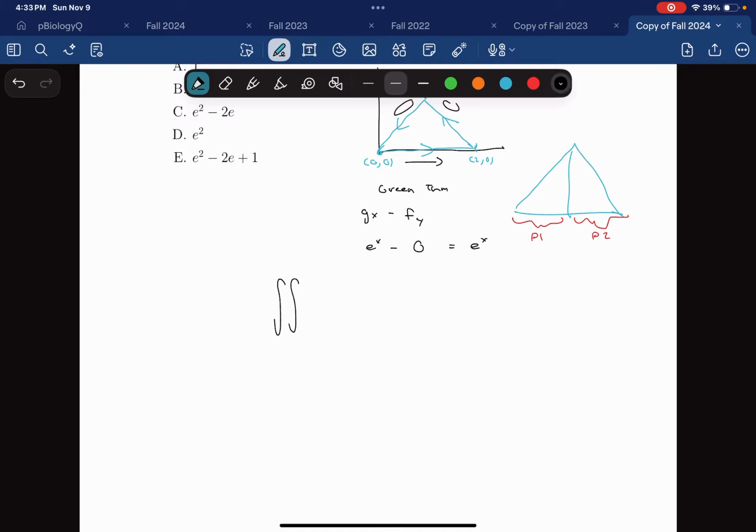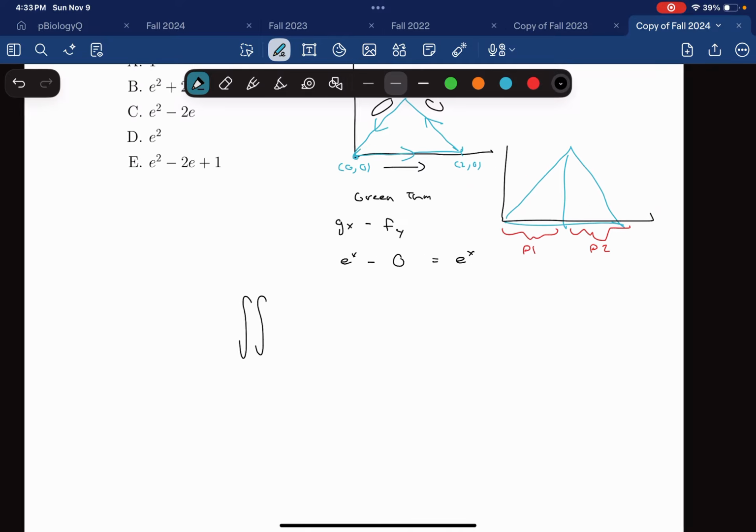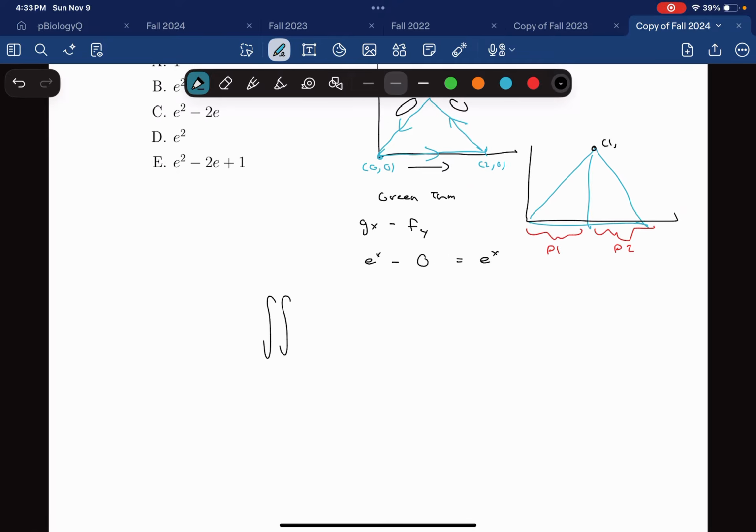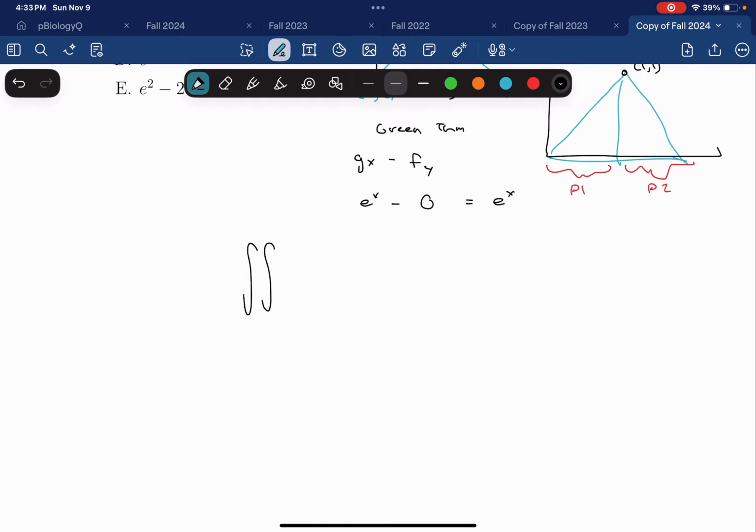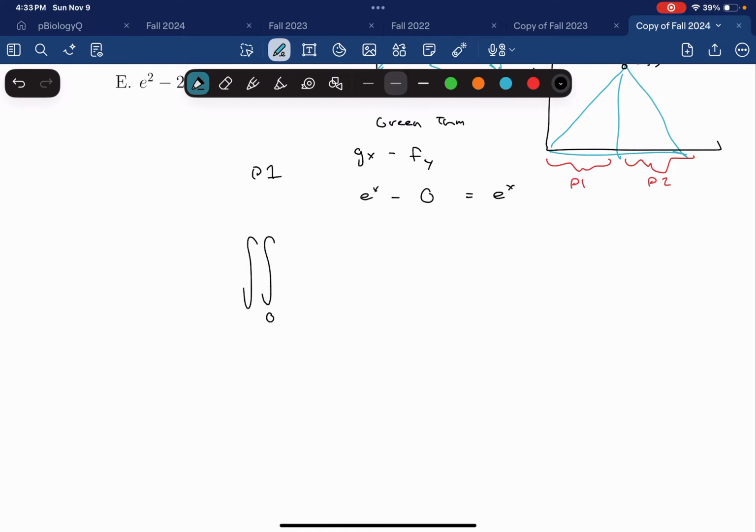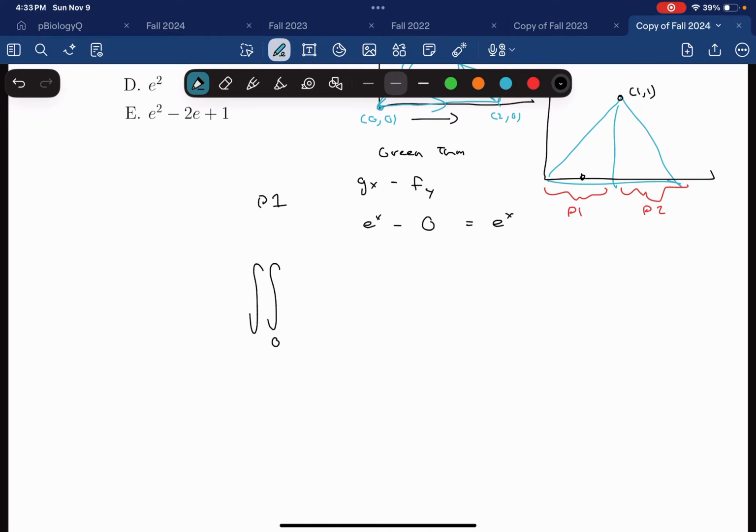So as you can see right here, this is 1, 1. Part 1: y goes from 0 up to x, because this is 0, 0, which means that this is y equals x. That's our first one, and then for this one, x simply goes from 0 to 1.